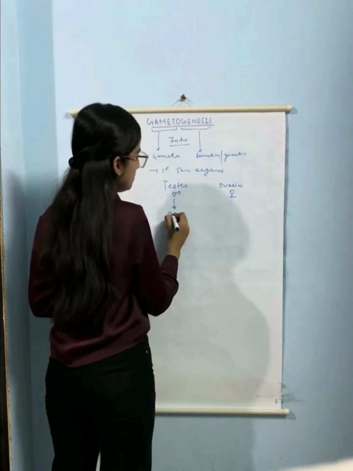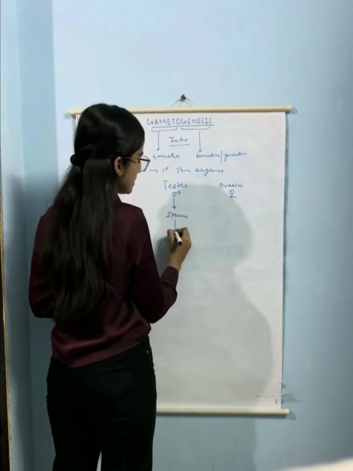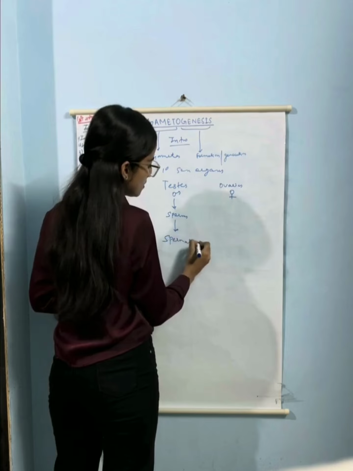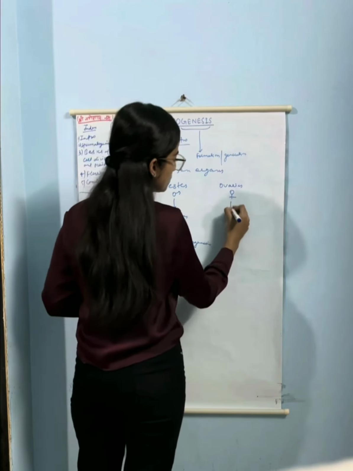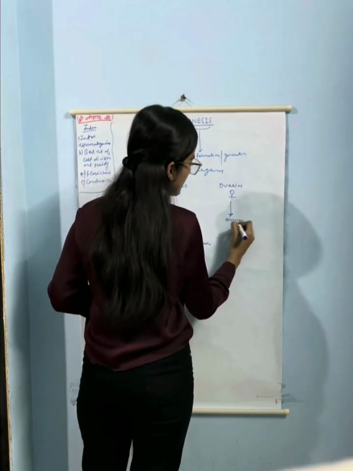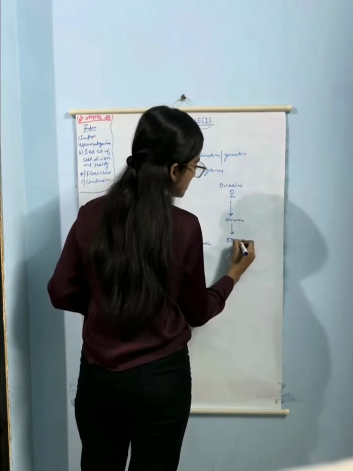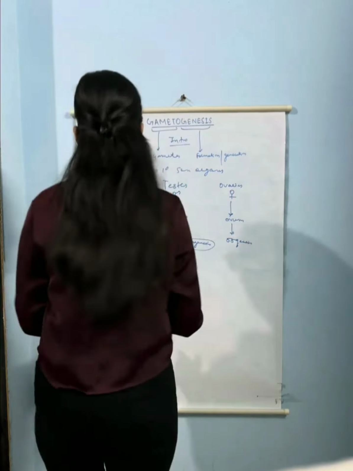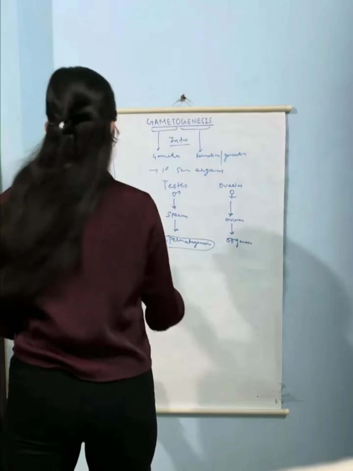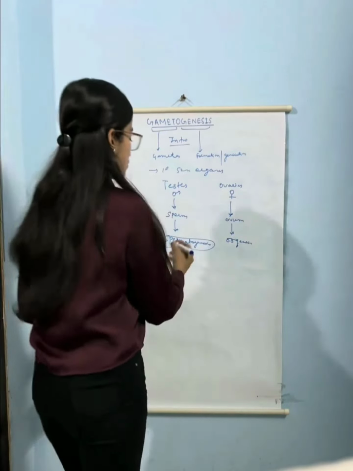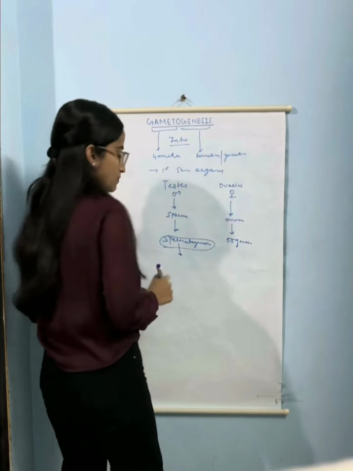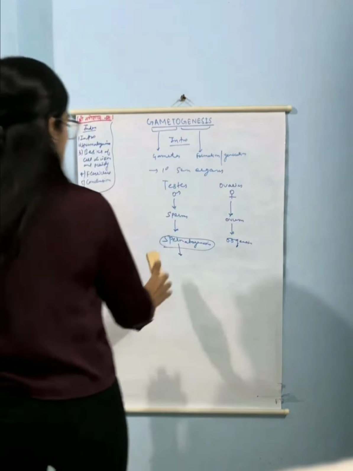Testes produce sperms and the process is known as spermatogenesis, and ovaries produce ovum and the process is known as oogenesis. In this lecture we will discuss spermatogenesis. The process of formation of fully mature sperms in the testes is known as spermatogenesis.